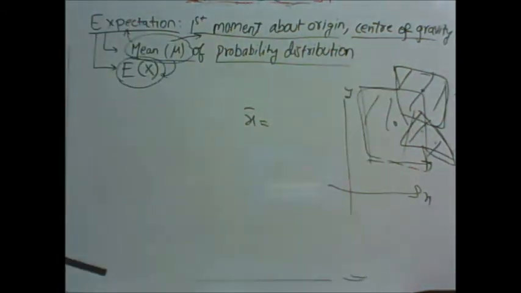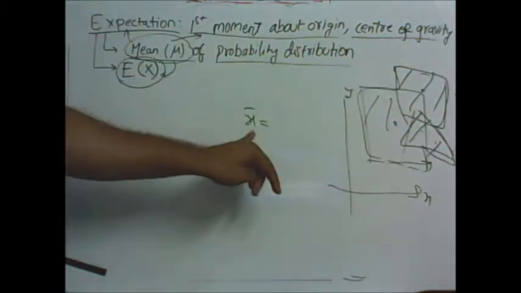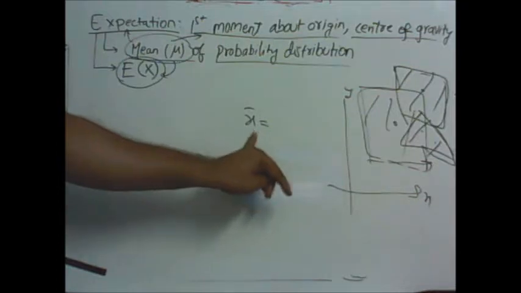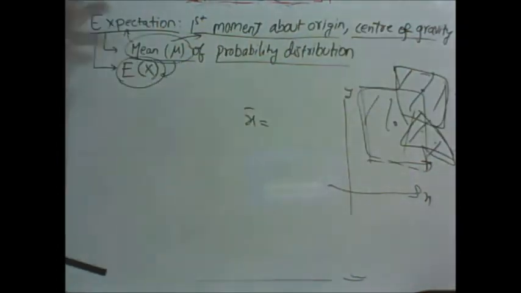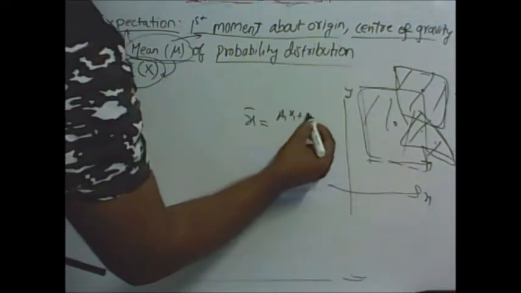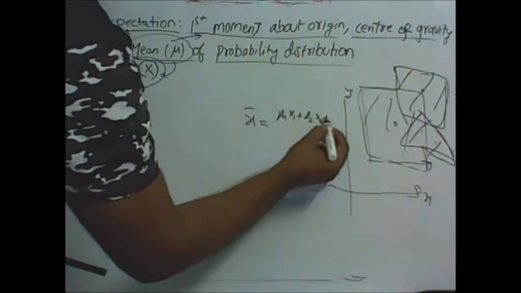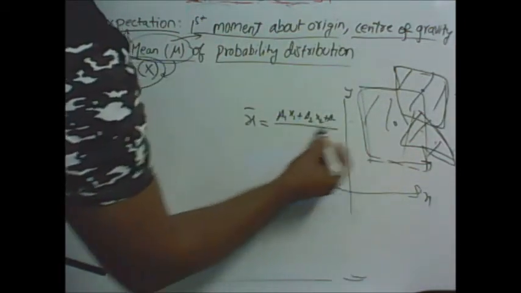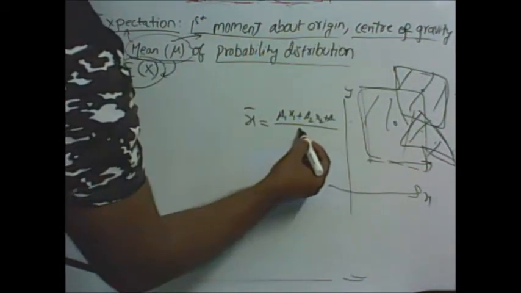How will you find the x coordinate of the centroid of this total area? You take area 1 times x1 plus area 2 times x2 plus area 3 times x3, and so on, divided by the total area.